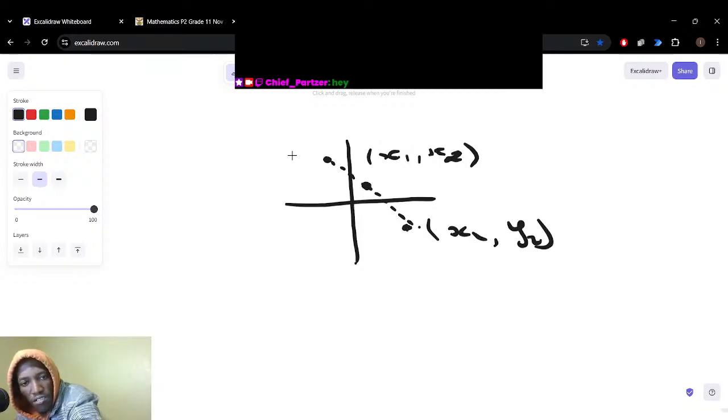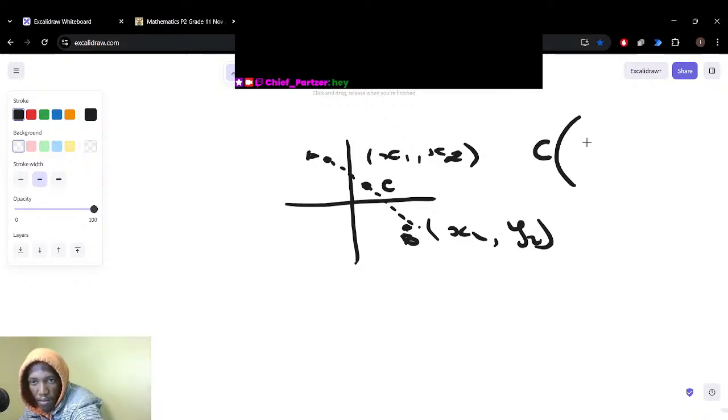Let's call this point A, this point B, and this point C. How do we calculate the coordinates of point C? The coordinates of point C are calculated in the following way.